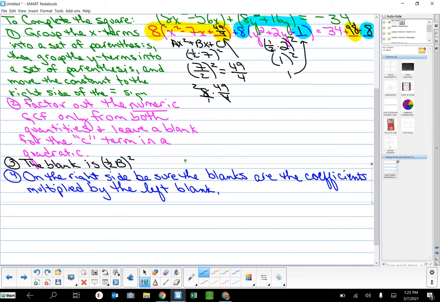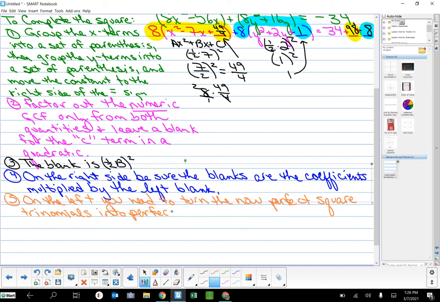The next step, 5. On the left, you need to turn the now perfect square trinomials into perfect square binomials, because the C term that we created made them perfect squares.